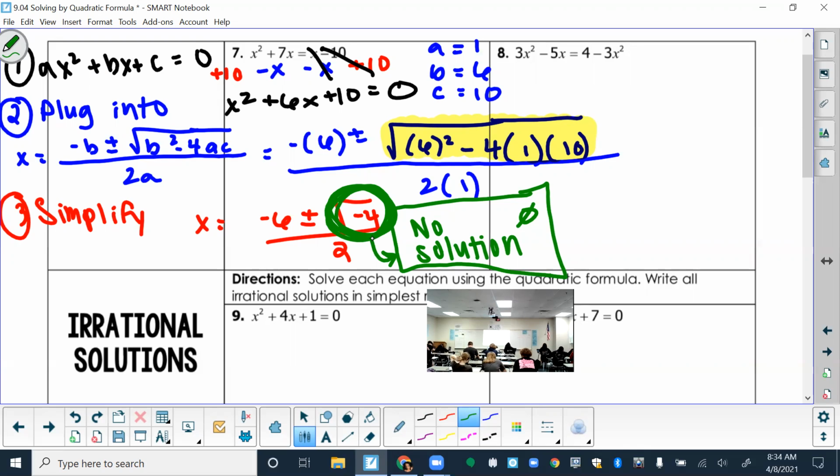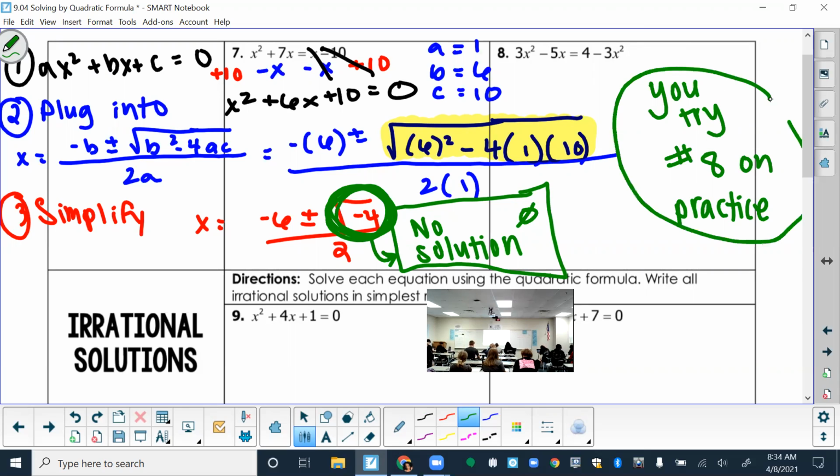If you want to do number 8 instead of number 7, that is all right, but still everyone try this one so that I know you can do these types of problems. All right, so try that out. If you get stuck, let me know.